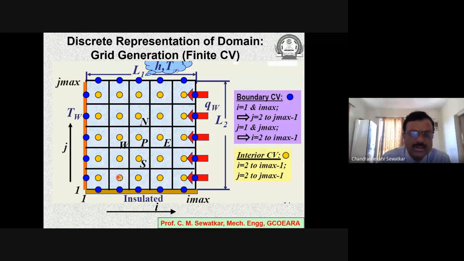The yellow circles which I have drawn here are nothing but the cell centers, drawn at the center of the corresponding control volumes. A representative cell center is shown here by P. Then capital E is the east neighboring cell center, capital W is the west neighboring cell center, capital N is the north neighboring cell center, and capital S is the south neighboring cell center.